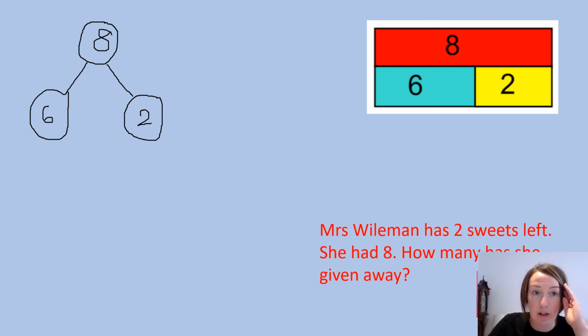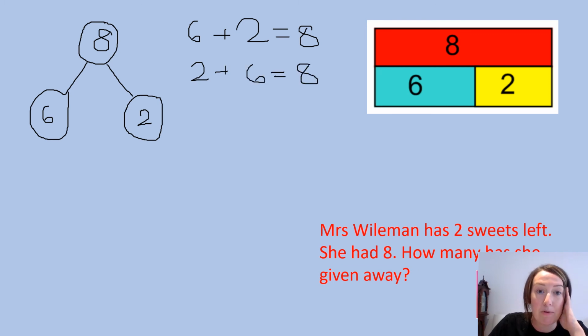Okay, let's have a quick look. So we could have 6 add 2 equals 8. We could have 2 add 6 equals 8. My other addition would bring the 8 to this side. 8 equals 2 add 6. Or 8 equals 6 add 2.